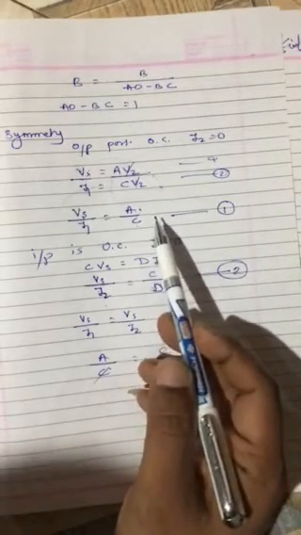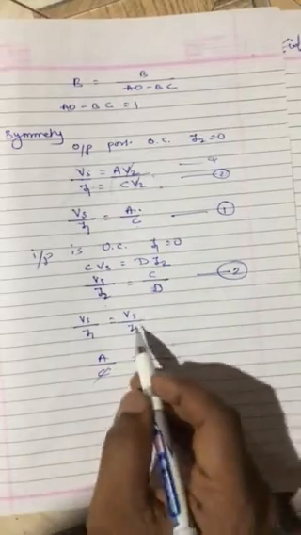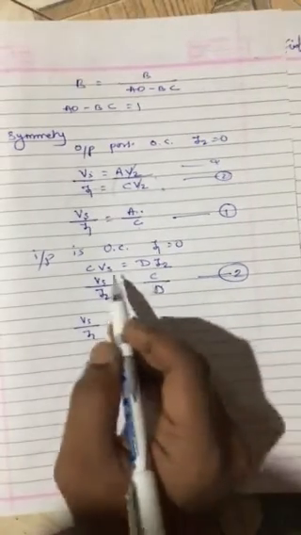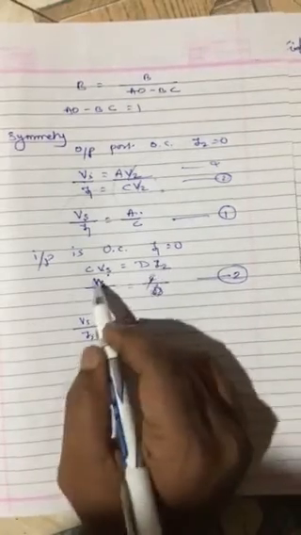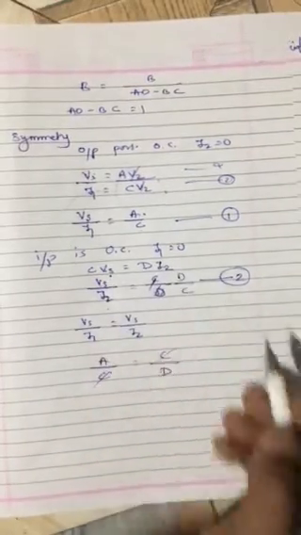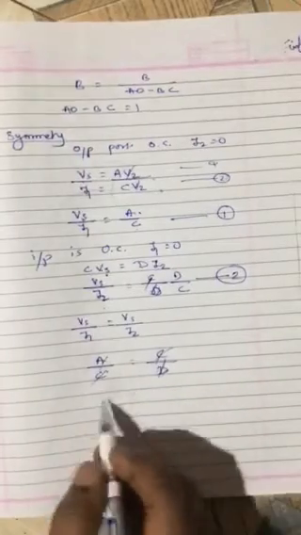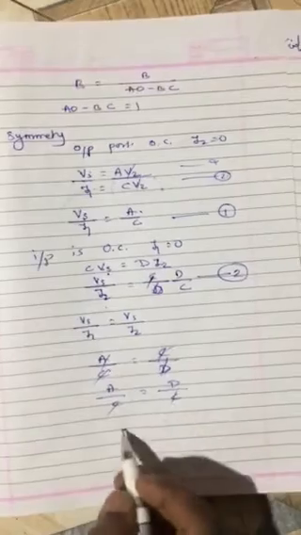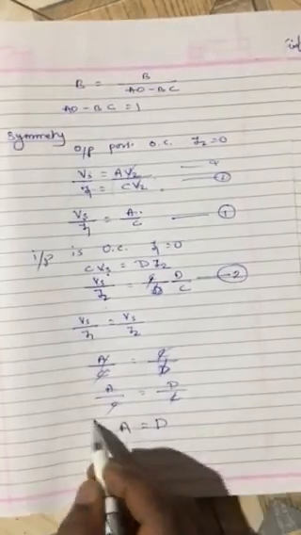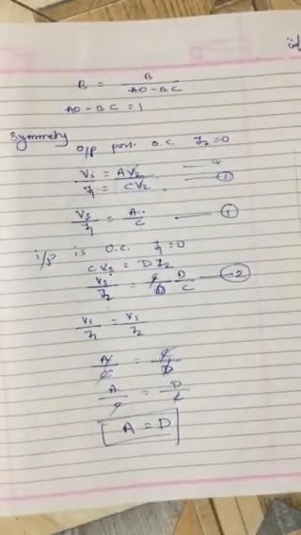Here what is the confusion? Here it should be D by C. Vs upon I2 should be D upon C, right? So I'm sorry, it is A upon C equal to D upon C. Then C and C will get cancelled, and the condition for symmetry is A should be equal to D.